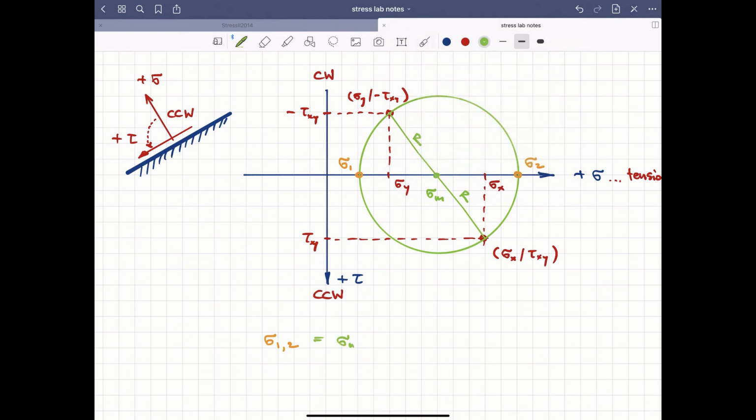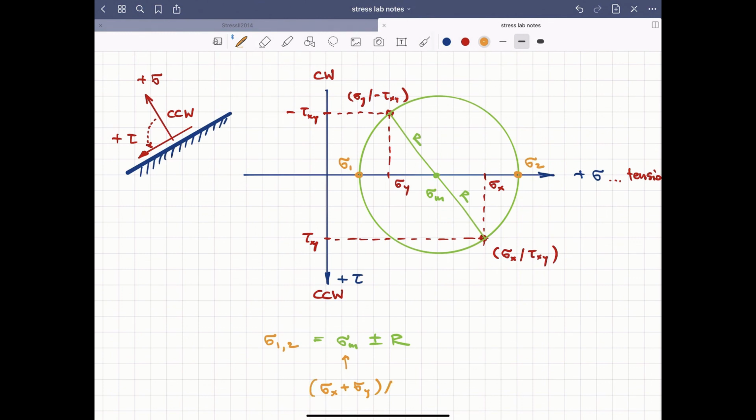So sigma mean plus minus the radius. The mean value sigma m is really just the mean of the two normal stresses on our stress block. That means the mean value sigma m is sigma x plus sigma y over 2. So that's the cheap computation.